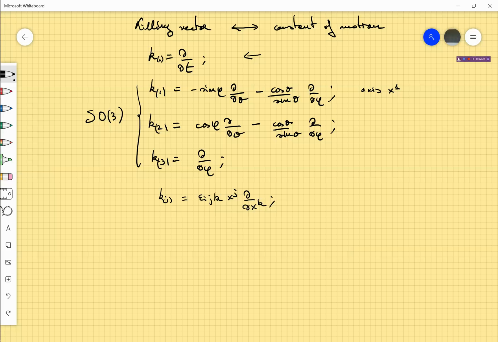Now let's see this association in more detail. Remember that the conserved quantity associated to the vector k is given by, and now I am including all the factors, this expression for a massive particle.